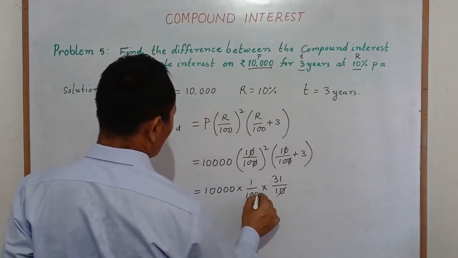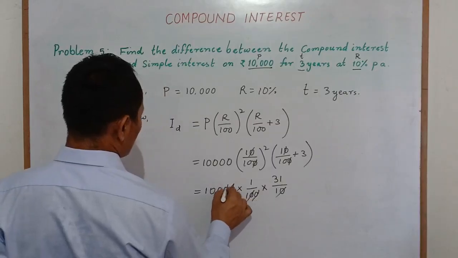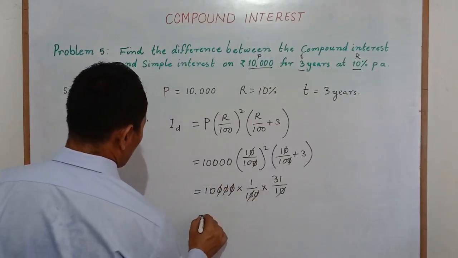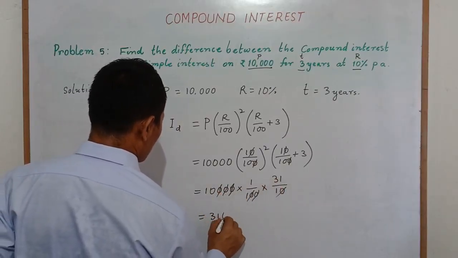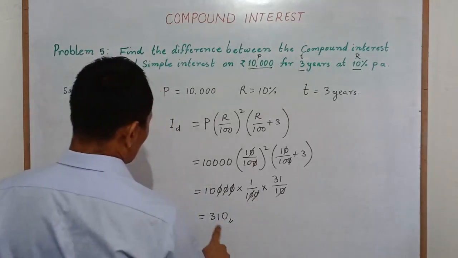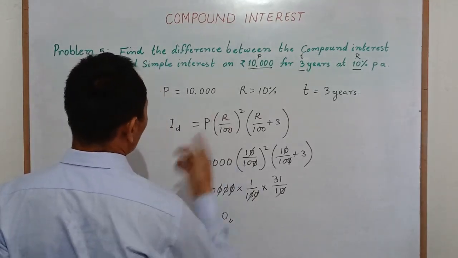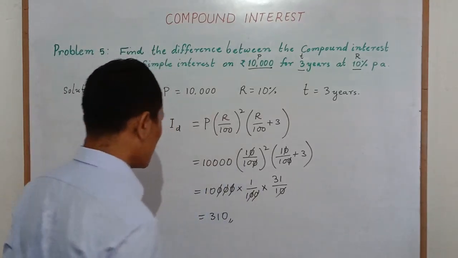Cancelling the zeros, we get 3, 1, 0, which is 310, the difference between compound interest and simple interest.